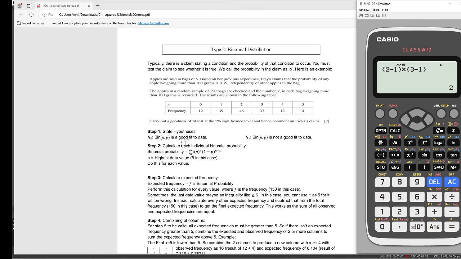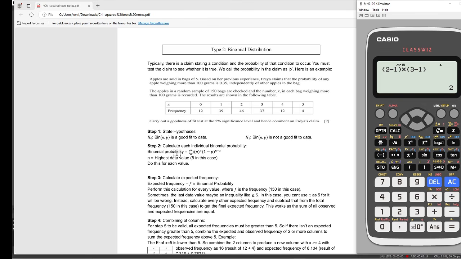Step 2, calculate each individual binomial probability. This is really simple. It's just our principle of binomial distribution. In this case, since we're using individual binomial probability, our n becomes the maximum data value that x can obtain, which is 5.